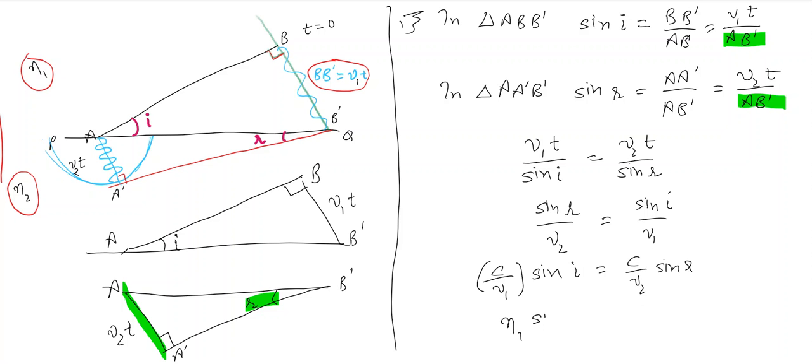So eta 1 sine I is equal to eta 2 sine R, and that is nothing but Snell's law of refraction. So this is how we can prove Snell's law with the help of the concept of wavefront. And that was the topic of this video. Thank you.